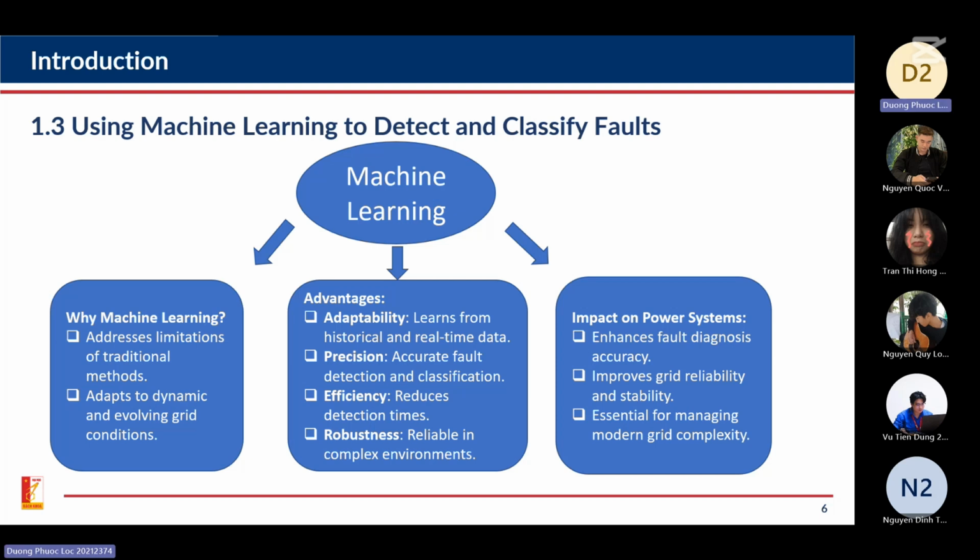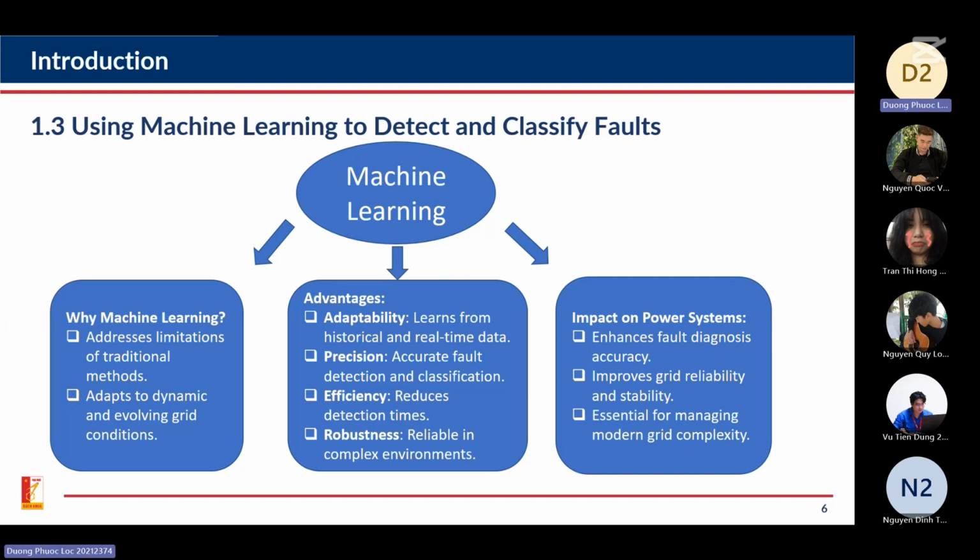So the advantages of machine learning are, first, adaptability, because it learns from both historical and real-time data, ensuring it stays relevant in rapidly changing environments.